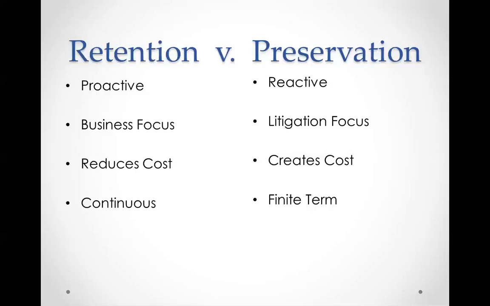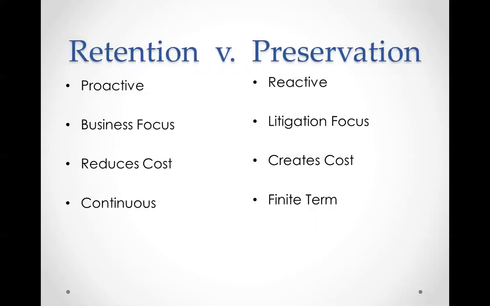It's incredibly expensive. And so by only keeping the documents that the company needs, or that it has a business case for keeping, it reduces the amount of money it's paying outside counsel or even inside counsel from having to go through and review useless documents. So there's lots of ways that a good retention policy reduces costs.